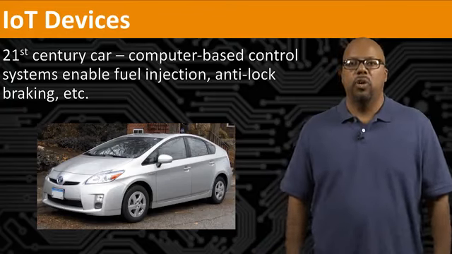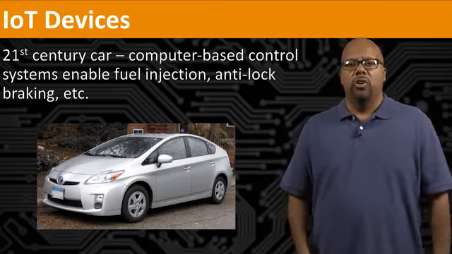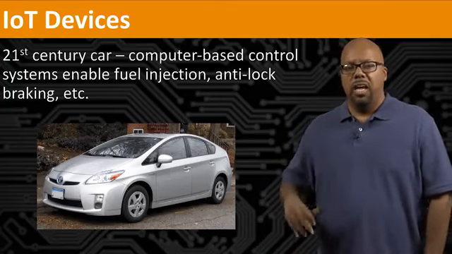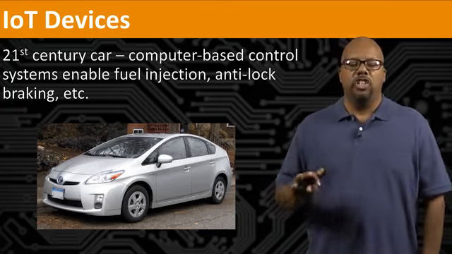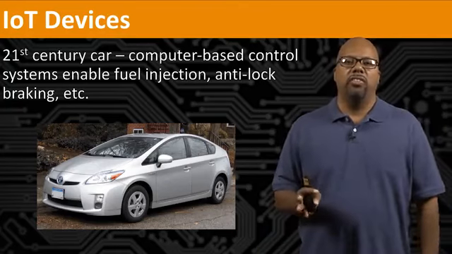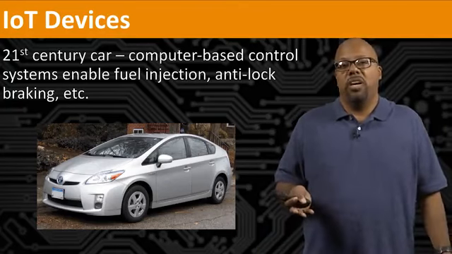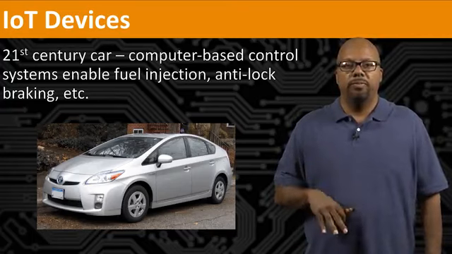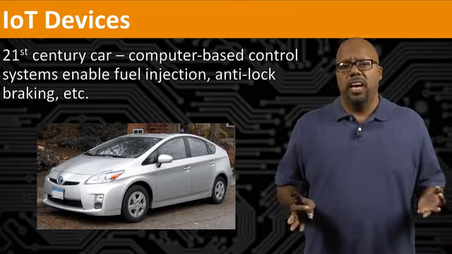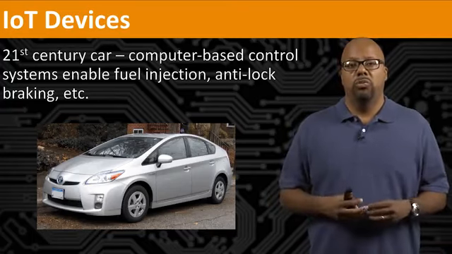But nowadays, cars have lots of computational intelligence. Let's take a look at this. So, a 21st century car. It looks like a Prius, I think. This car has lots of chips in it, so lots of processors. That car might have over 50 processors in it doing different tasks. For instance, it's got an anti-lock braking system. They all do these days.